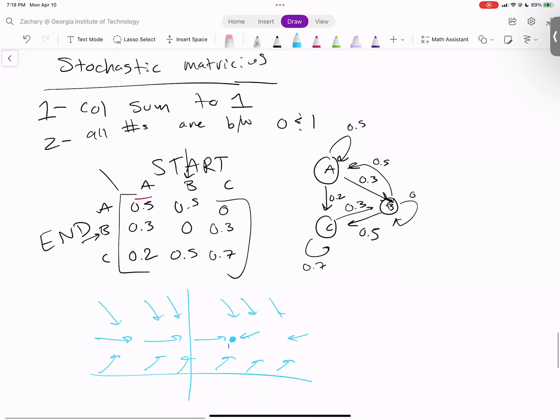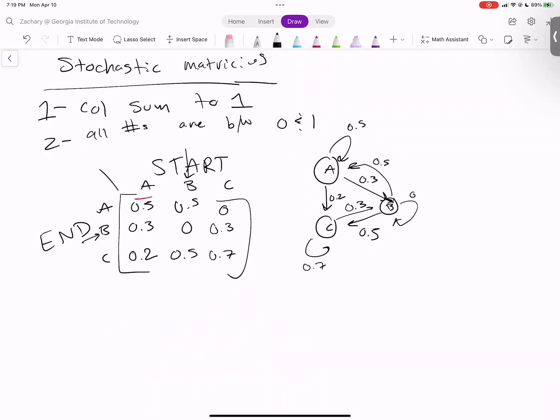So, how do we find it? Well, there's one other really important fact of stochastic matrices, and that's that they always have lambda equals 1, okay? And if they always have lambda equals 1, does that mean they have an eigenvector for lambda equals 1? Yes, you have a value, you must have a vector at least, okay? At least 1.